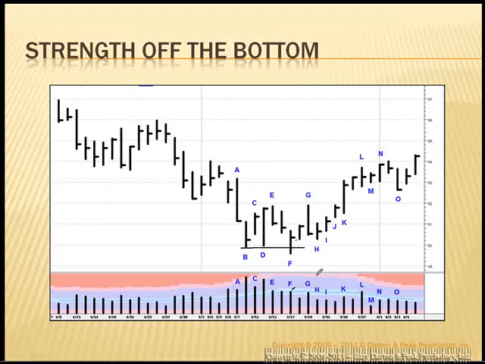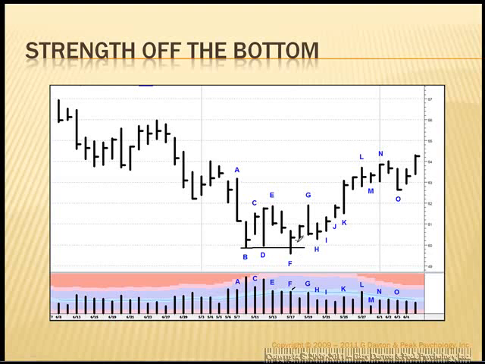And the volume is pretty good, right? Only one thing does that, and that kind of completes really the buying that we see that has been going on since B. And it's saying that there's no more selling left in this market, and that this would be a spot.